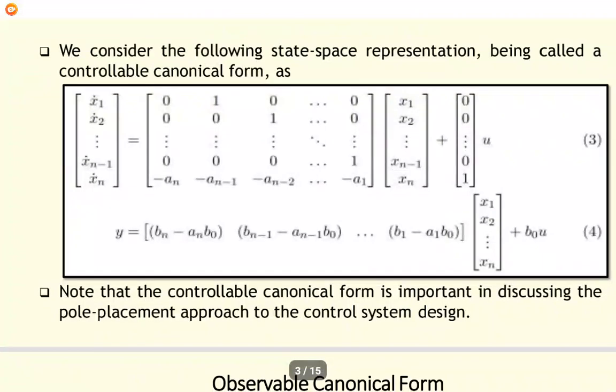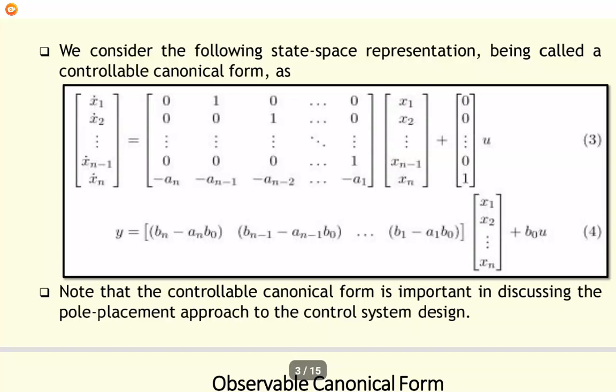Now, taking help from the above equation, we can formulate the expression of y in such a way: y is equal to bn minus an b0, bn minus 1 minus an minus 1 into b0, and so on up to b1 minus a1 into b0.